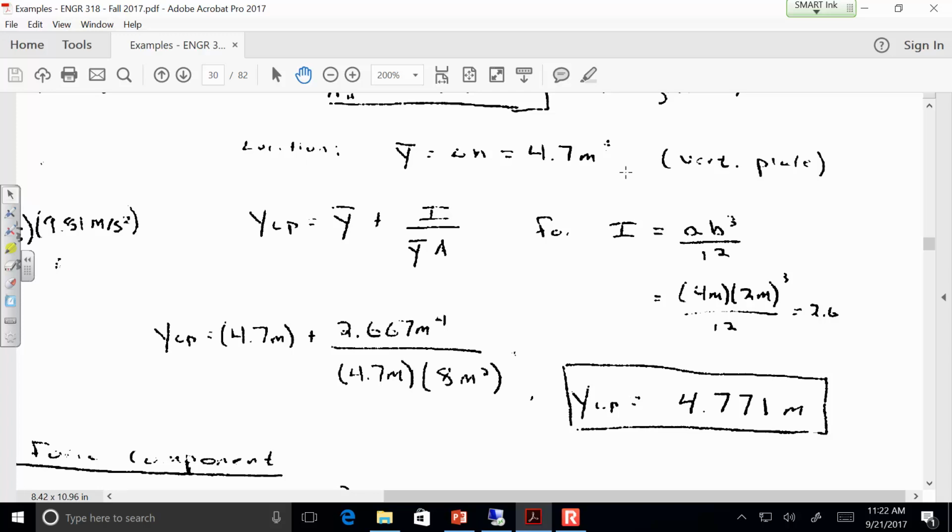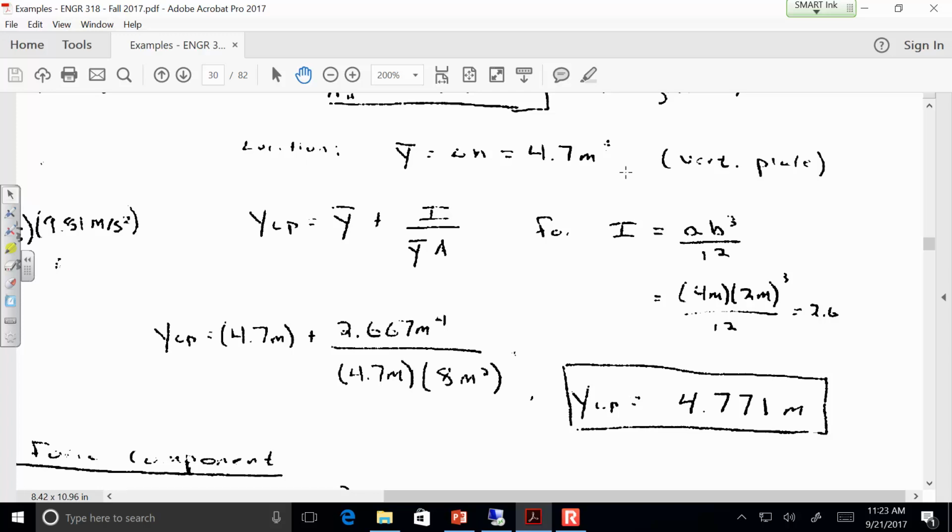We have to calculate I, which is the area moment of inertia. The formula is A B cubed divided by 12. And if you don't remember what's supposed to be B, the parameter that's being cubed, it's the vertical dimension of that 4 by 2 plate. So it's 2 meters tall, 4 meters wide, so we cube the 2 meters since that's the vertical component.